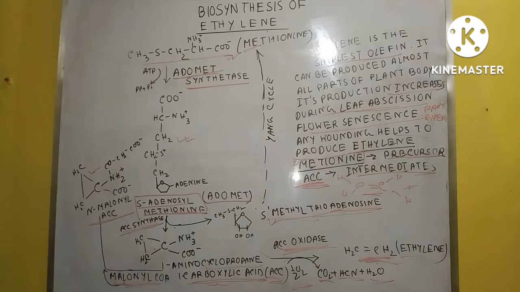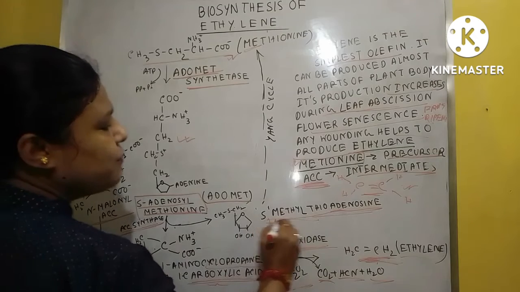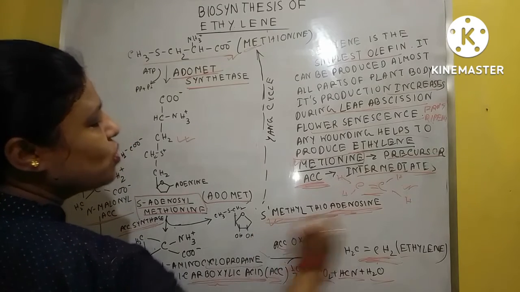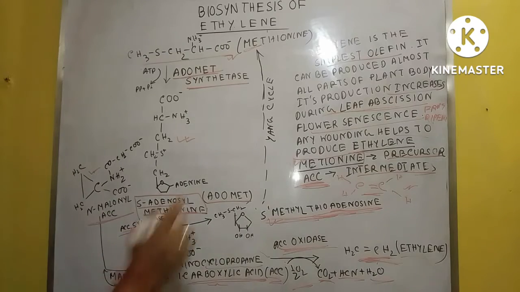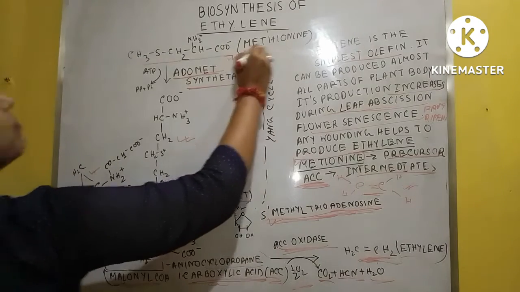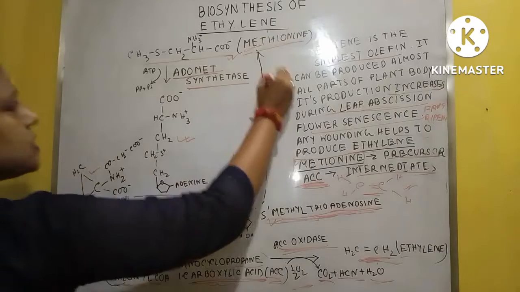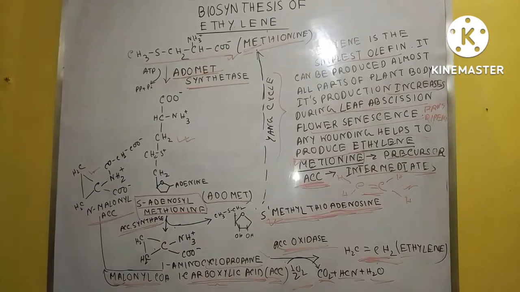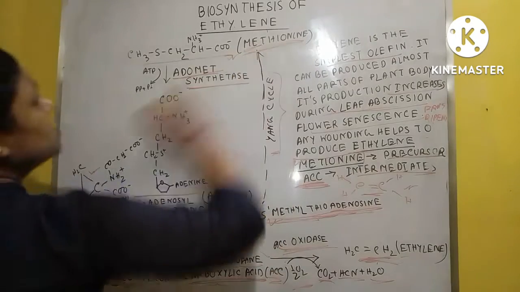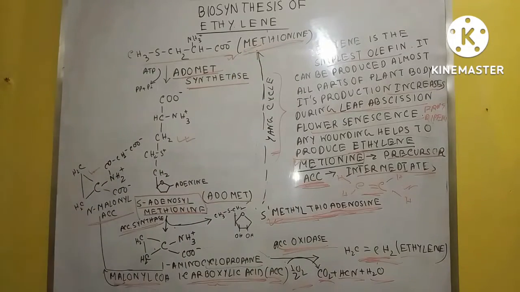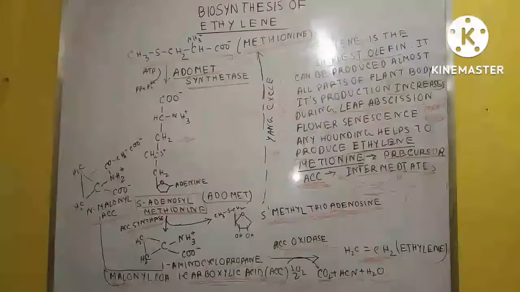And this 5'-methylthioadenosine is not stored. It converts into methionine by the process of the Yang cycle. This converts to methionine. So this is the actual process of ethylene biosynthesis.